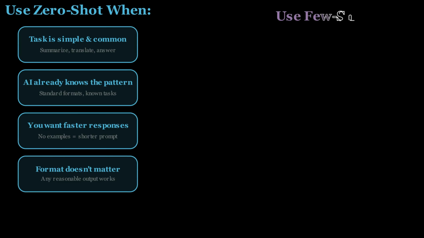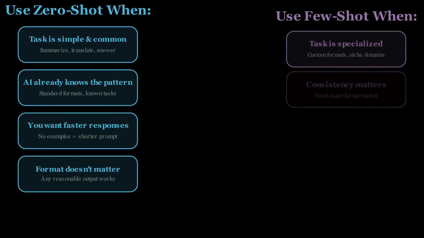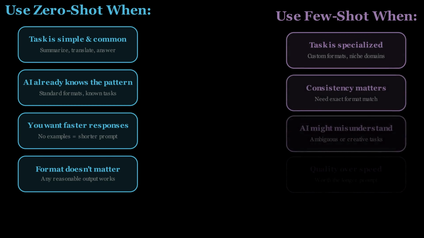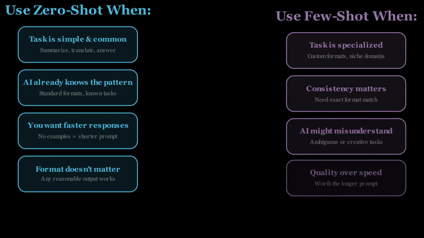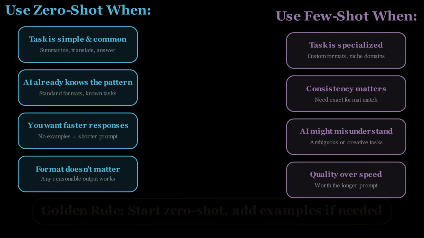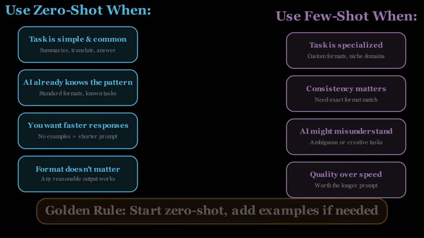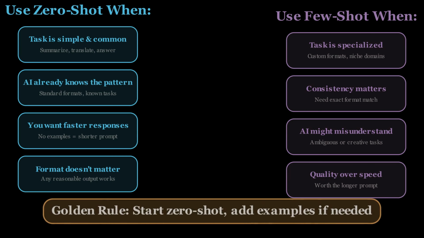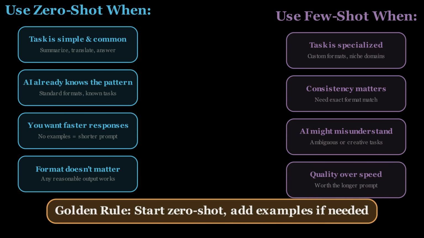Use few-shot when the task is specialized or custom, when consistency matters and you need exact format, when the AI might misunderstand, or when quality matters more than speed. Here's the golden rule. Start with zero-shot. If the results aren't consistent or accurate enough, add examples. Don't overcomplicate from the start.